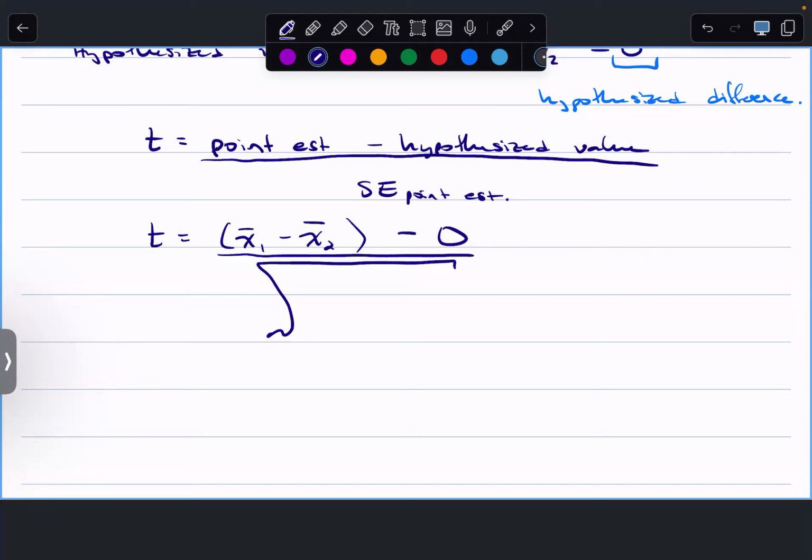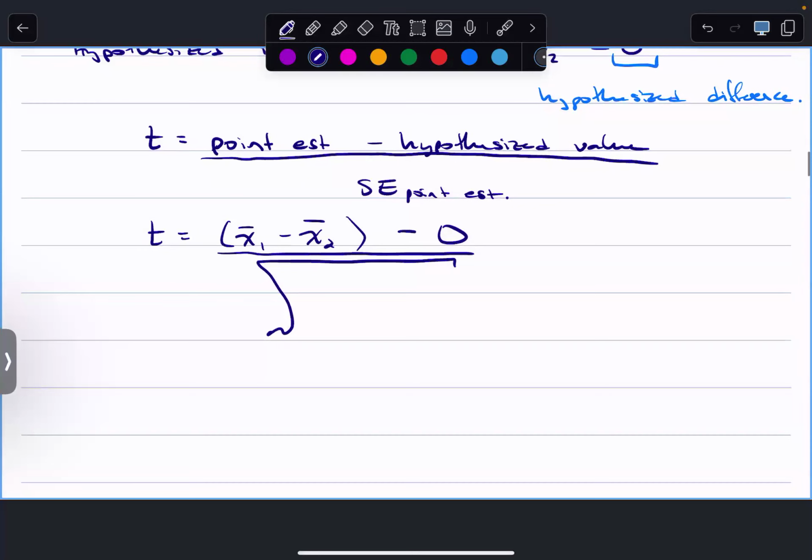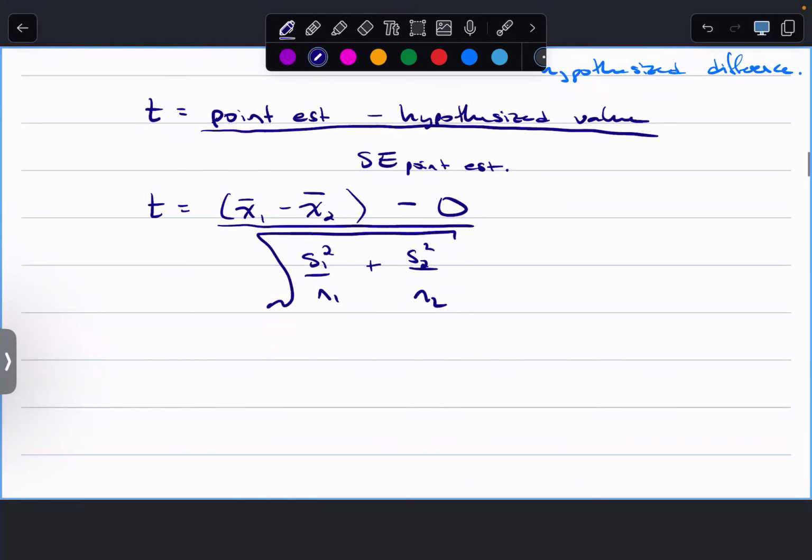I don't expect you to calculate it twice or anything. S1 squared over N1 plus S2 squared over N2. We did it. What about the degrees of freedom?